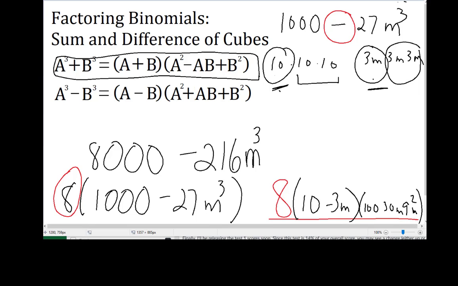Let me write that up here. It's 8 times 10 minus 3m times 100 plus 30m plus 9m squared.